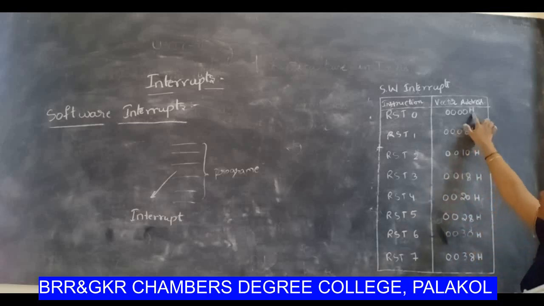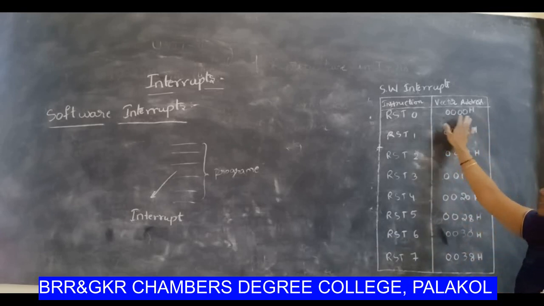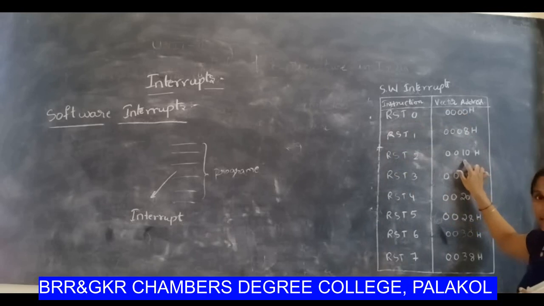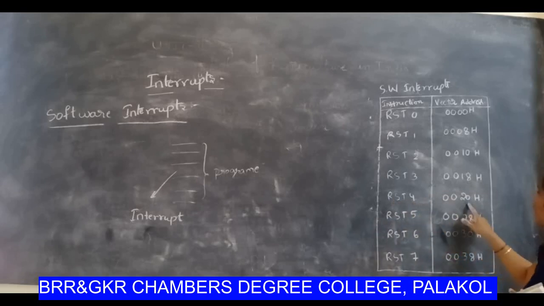So 0000H for RST0, 08H for RST1, RST2 is 10H, RST3 is 18H, RST4 is 20H, RST5 is 28H, RST6 is 30H, RST7 is 38H.